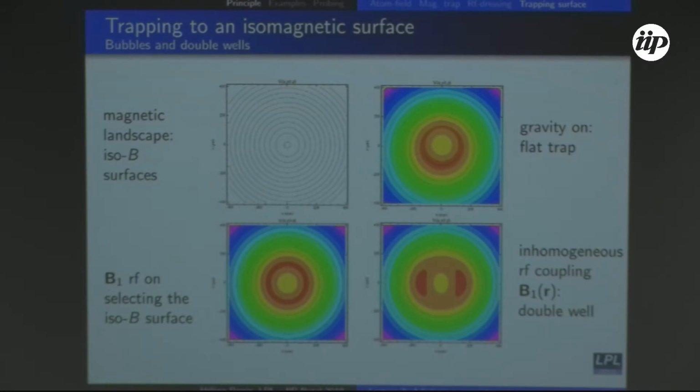So it means that if I make one step right, I will have a minimum for the potential for the omega plus coupling at these points, and that's where the atoms will be attracted. So it's not zero coupling, thanks to the fact that I always have my field along the main direction of the cigar. So even there, it is there. So I still have a component orthogonal to the RF field, but it's smaller, and so the coupling is smaller, and I have a double well like that.